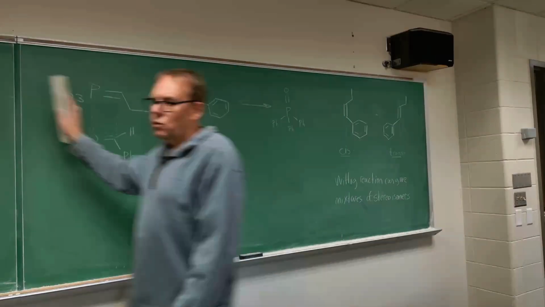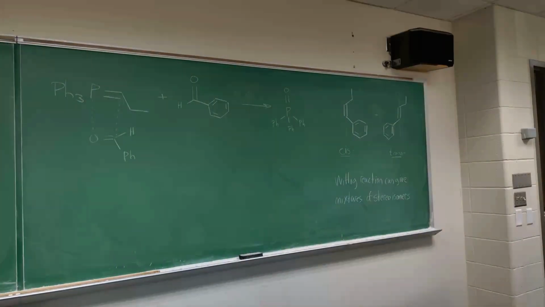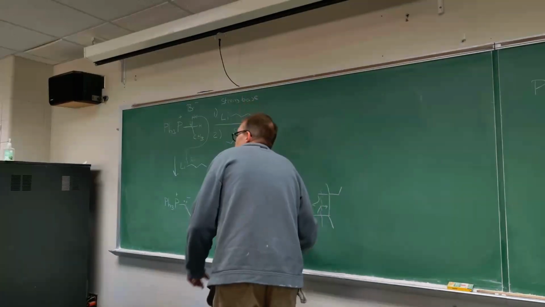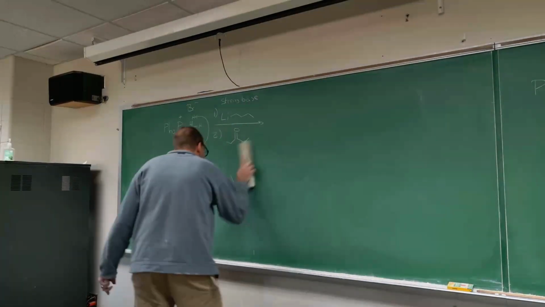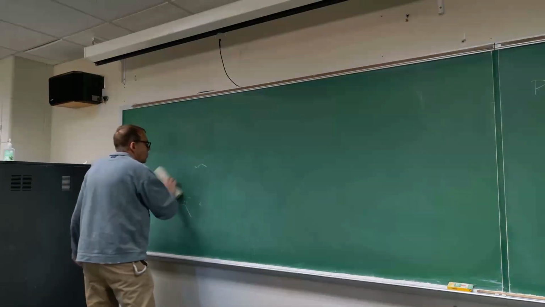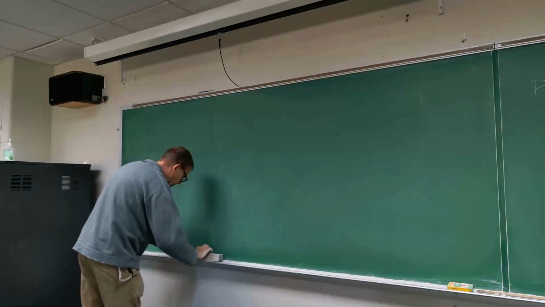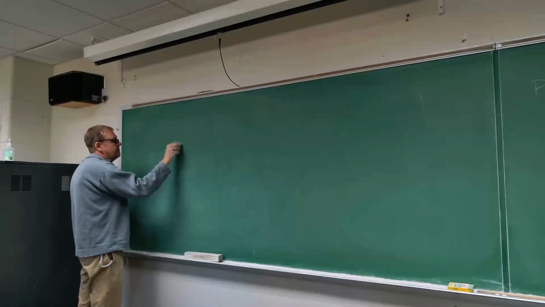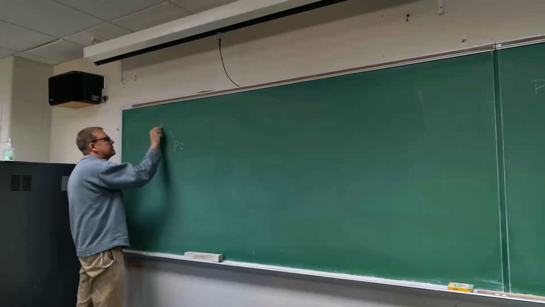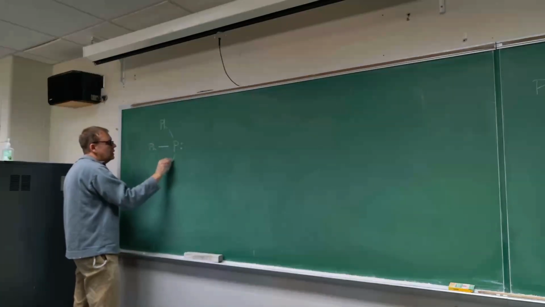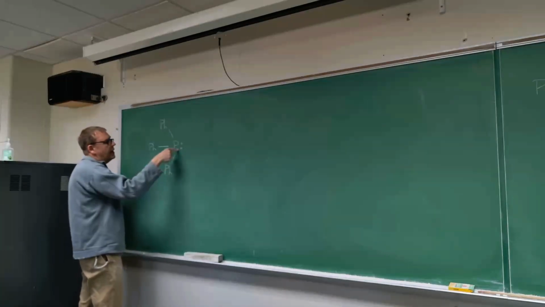Okay, so really quickly then, where do phosphonium salts come from? This will be pretty easy to cover in 3 minutes because you've seen it before. It's an SN2 substitution reaction. So if you need to make a phosphonium salt, you start with triphenylphosphine, which is this molecule. It's a phosphorus that has 3 phenyl groups on it and a lone pair on phosphorus.